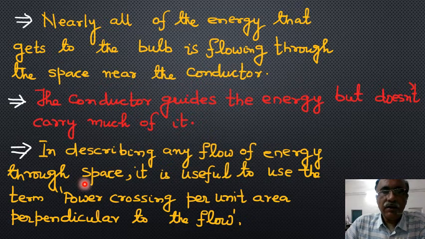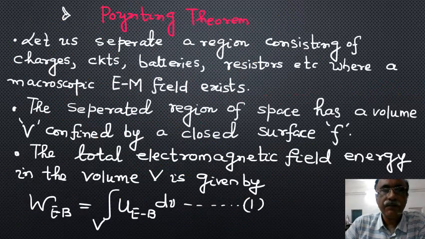One important point I will highlight here is that to describe any flow of energy through space, it is useful to use the term power radiated, or the power crossing per unit area perpendicular to the flow. So one of the important factors in the flow of electromagnetic energy is the power radiated per unit area. That area should be perpendicular to the direction of the flow of electromagnetic energy.